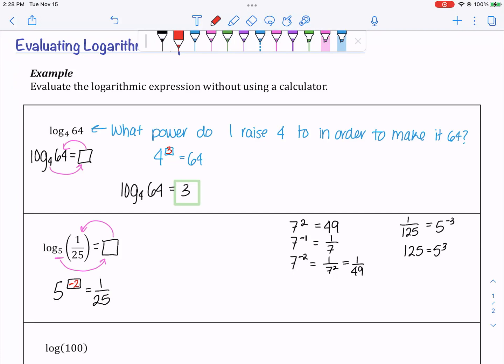So 5 to the negative 2 is equal to 1 over 25. Okay. 1 over 36, this is 6 to the negative 2. 1 over 16, this is 4 to the negative 2. Anyway, the answer to this one is negative 2.